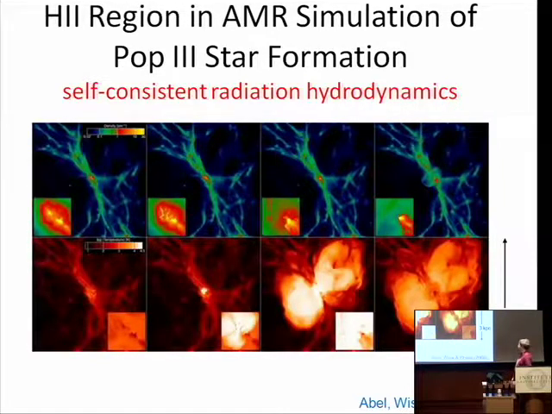This is high redshift, small scale. This is 3 kiloparsecs. Here you see the halo that forms the Pop III star. And using adaptive ray tracing and an explicit chemistry solver, they've been able to calculate the growth of this HII region around this star.